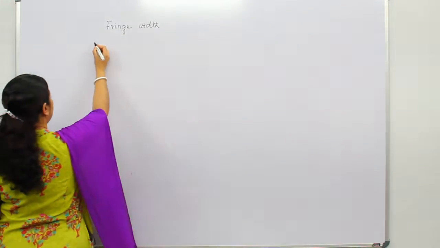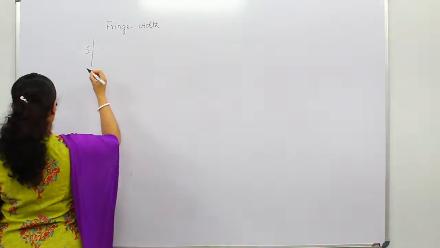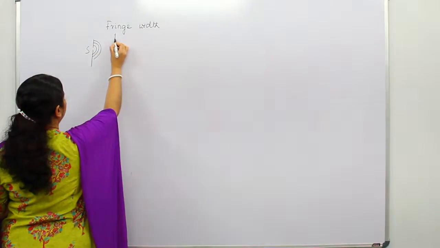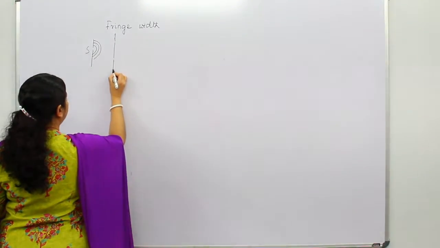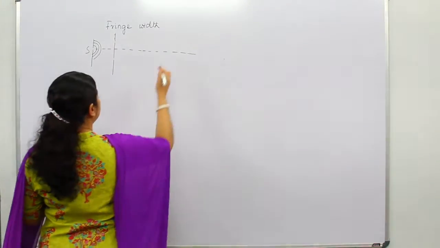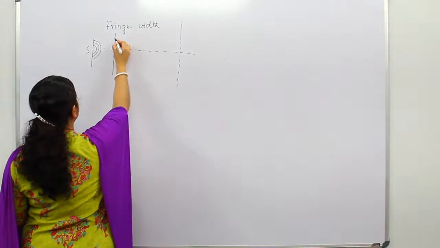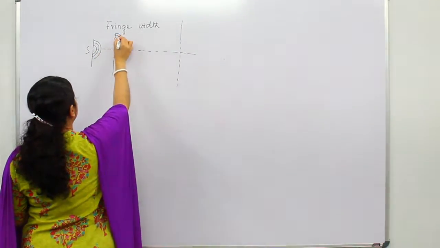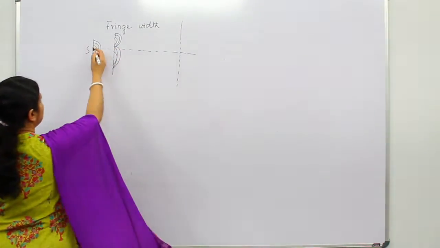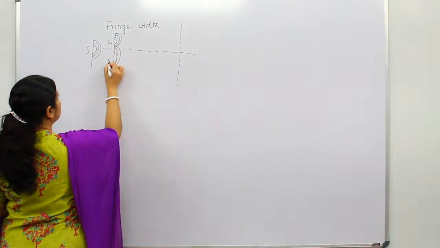Now, suppose this is a source, again as before. From this source, by putting this light from here to here, we are getting these two virtual coherent sources.